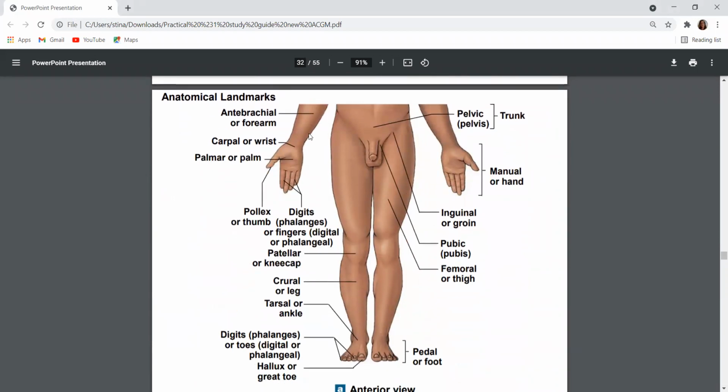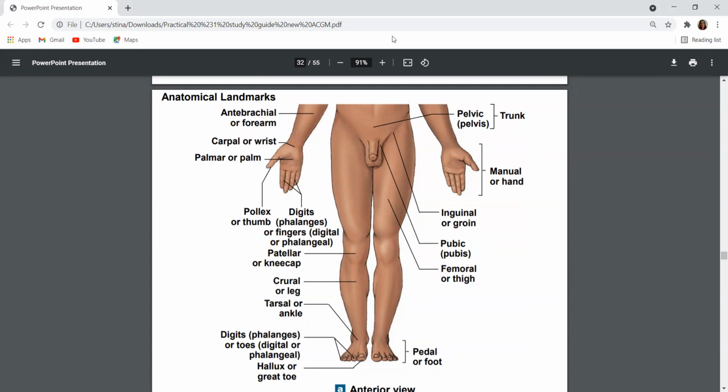So the forearm here is called the antebrachial. The wrist is called the carpal. So if you've ever heard of carpal tunnel syndrome, that's a problem in the wrist area. The palm of the hand is called palmar. All of the fingers are called the digits or phalanges. I'll take either one of those terms, digits or phalanges. And the thumb is called the pollex.